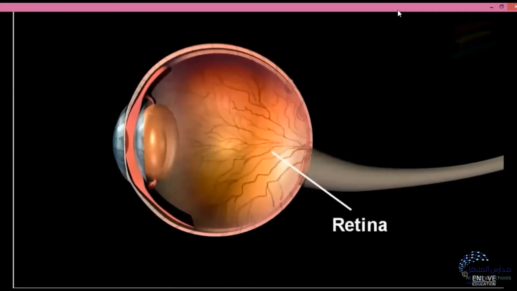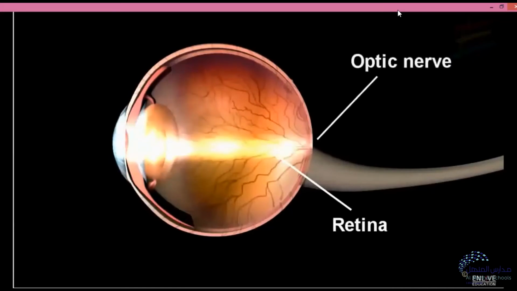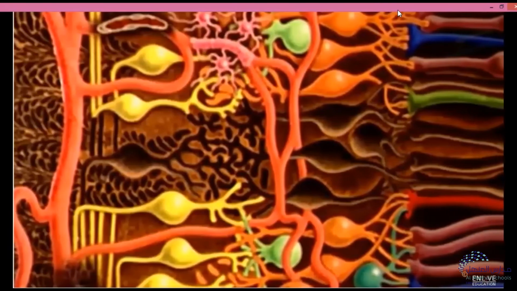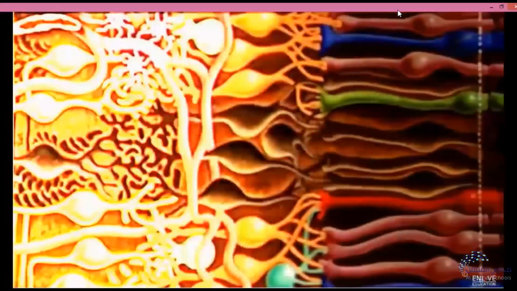The innermost layer of the eyeball is the retina, a very delicate membrane. The retina is actually part of the optic nerve which transmits the light impulses to our brain. The retina is the most important and complex structure in the eyeball. It consists of a complicated arrangement of rods and cones which convert light waves into nerve impulses.